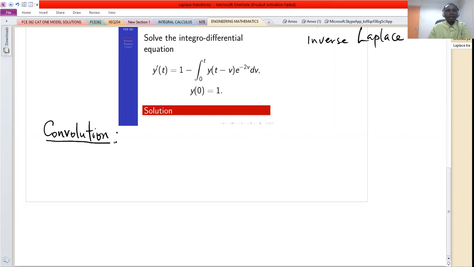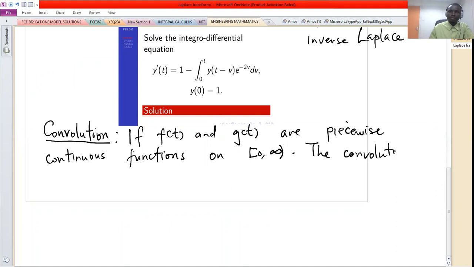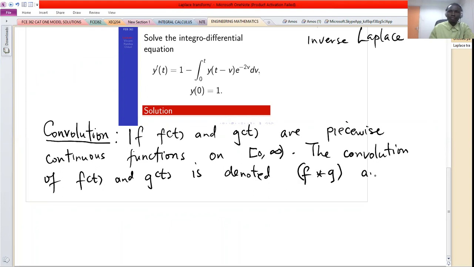Convolution of two functions: if f of t and g of t are piecewise continuous functions on the interval 0 to infinity, then the convolution of f and g is denoted by f star g and is defined by this integral.